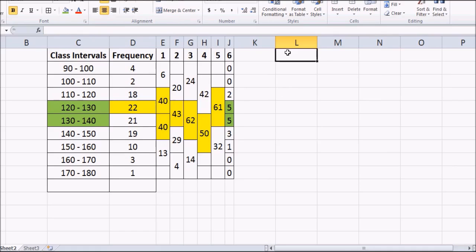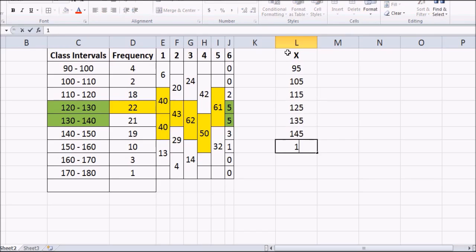Let's do that quickly. You need x multiplied by f to find the mean, and here again we don't have x also, we'll have to first get the midpoint of all these classes x. So x here, it's from 90 to 100, so of course the midpoint is going to be 95, and the next ones will be 105, 115, 125, 135, 145, 155, 165, and finally 175.